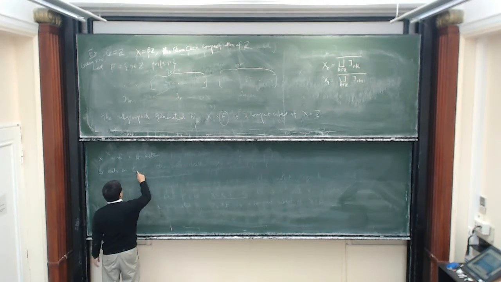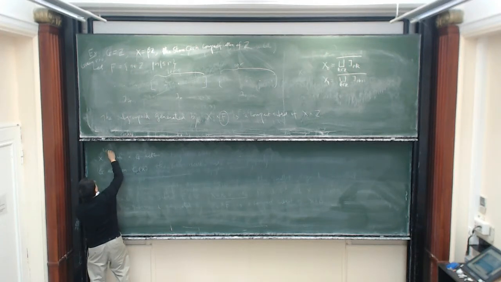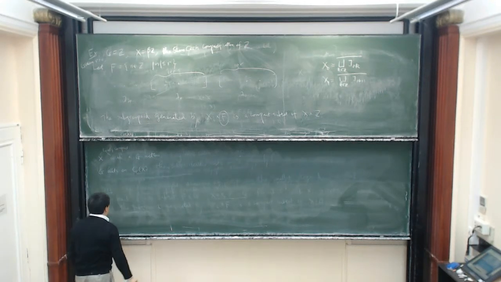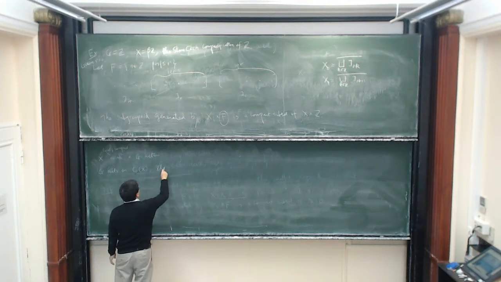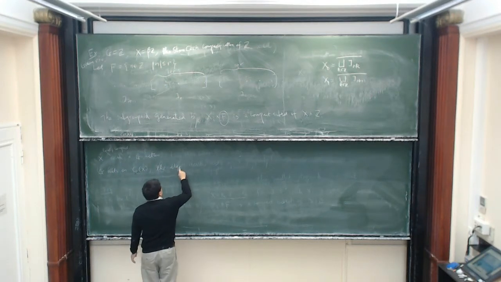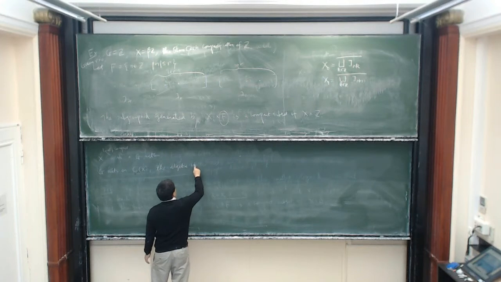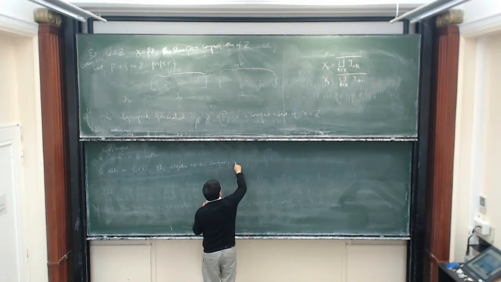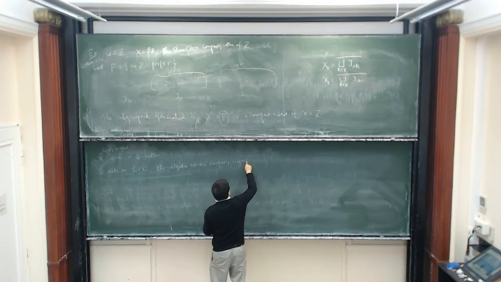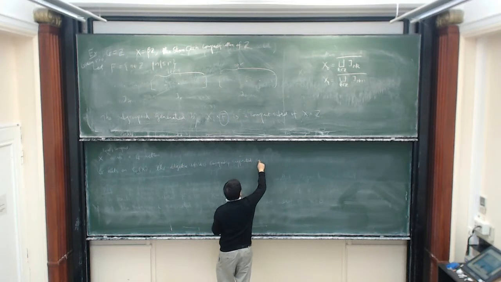So I'm going to do Cc of X. Let me assume this is locally compact. In the end, we are interested in the compact case. So this is the algebra of all compactly supported continuous functions.